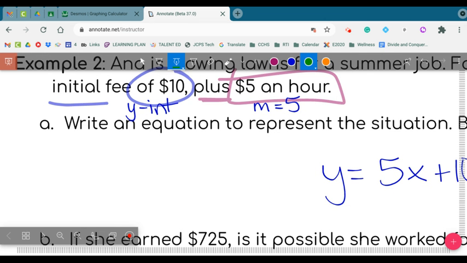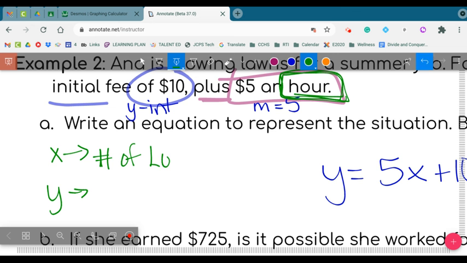Now we have to define our variables. We have our x and our y. Our x is going to be number of hours because that is what is going to change our value each time. And then our y, if I tell you how many hours I'm going to work, what will y tell me?